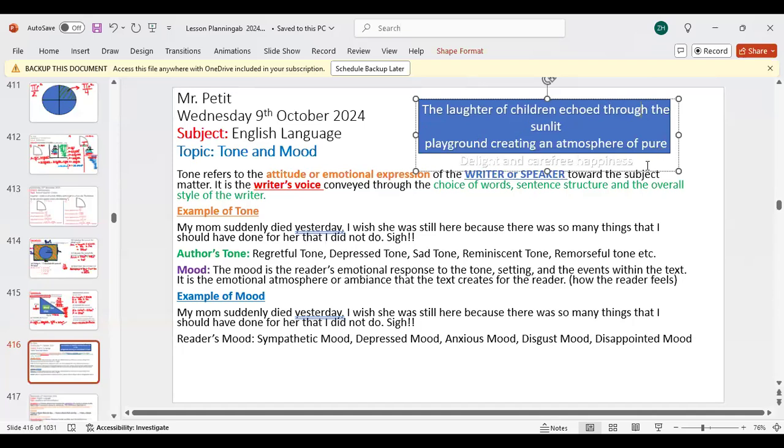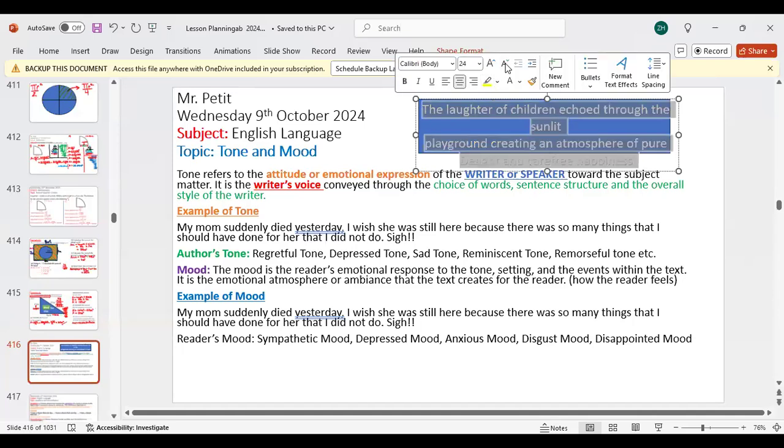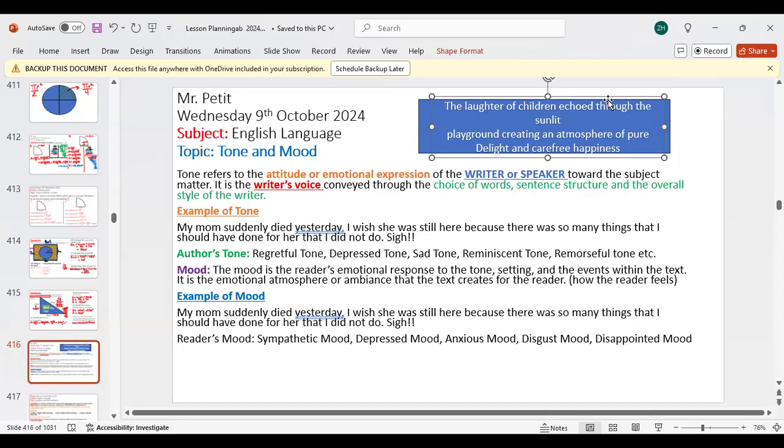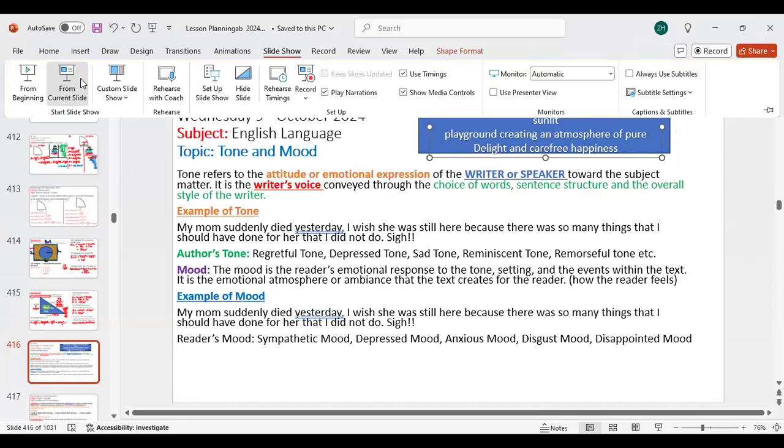What is the tone of this particular sentence? Let me read what you all have inside the chat as I read the sentence one more time. The laughter of children echoed through the sunlit playground, creating an atmosphere of pure delight and carefree happiness. What is the tone of this particular sentence? Put your answers inside the chat for me, please.